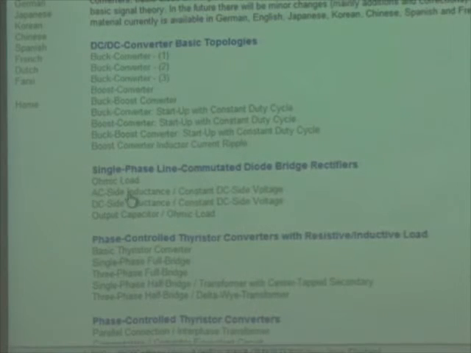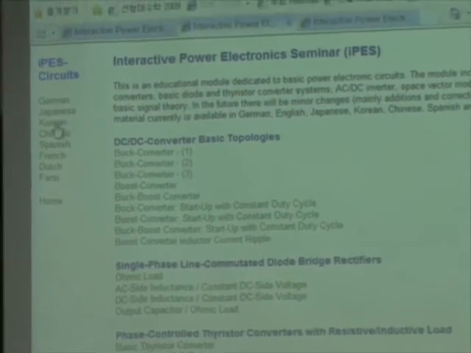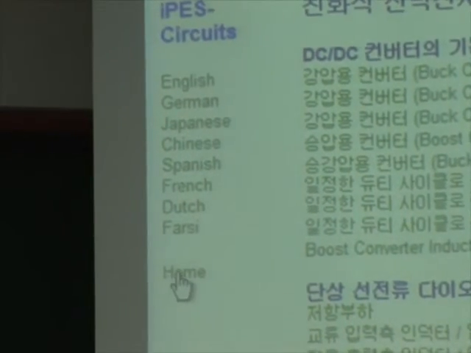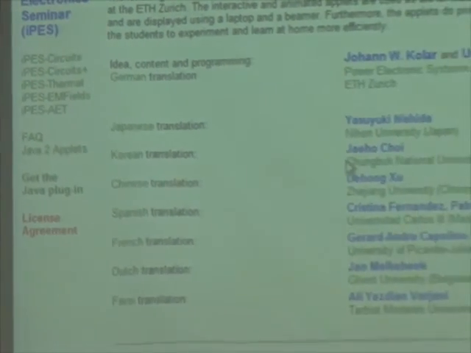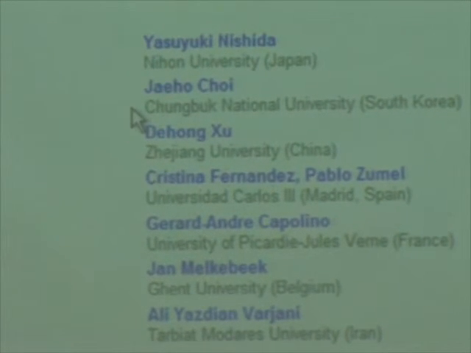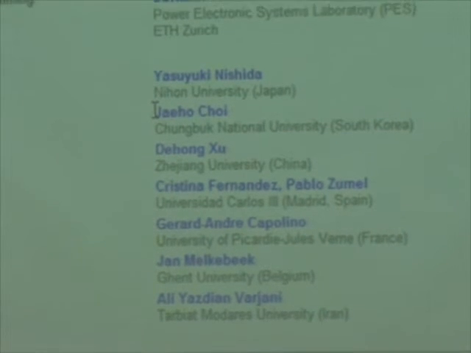I really like this. And we also have a Korean version, because Professor Choi from Chonbuk National University also participated in designing this circuit. I appreciate Professor Choi.